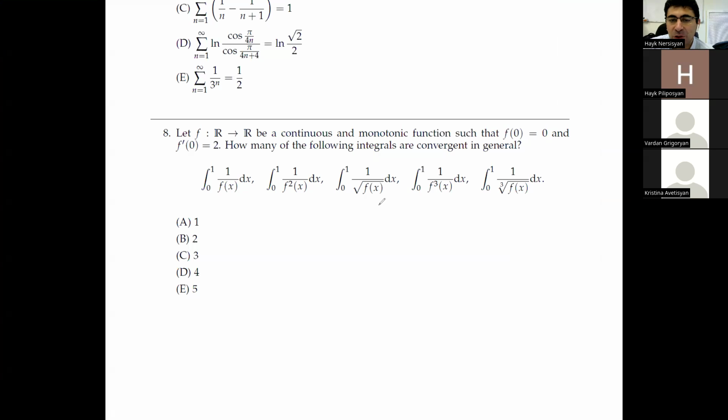What we are doing is trying to apply the limit comparison test. We have chosen 1 over root of 2x. When we do the calculation, we have 2x over f(x), limit as x tends to 0.